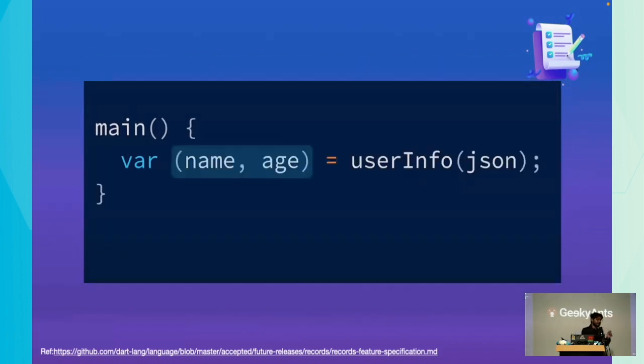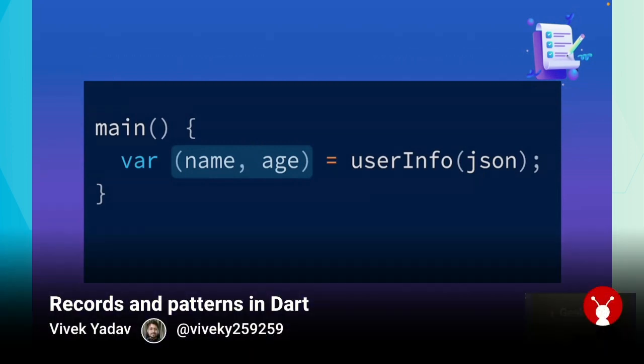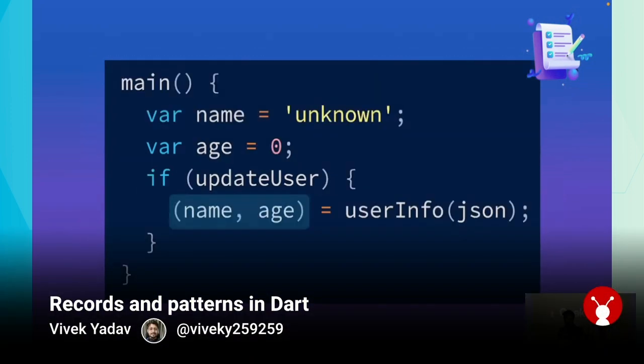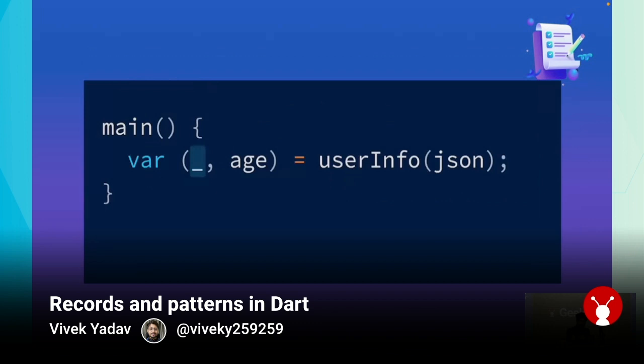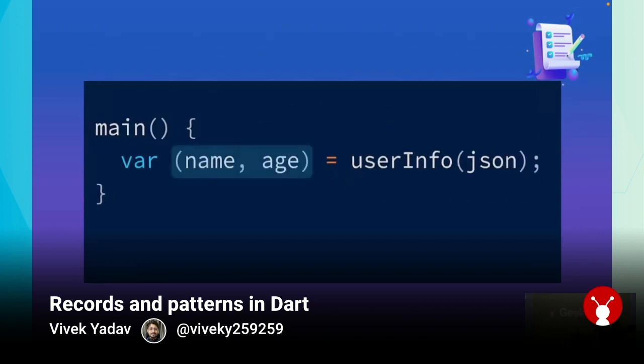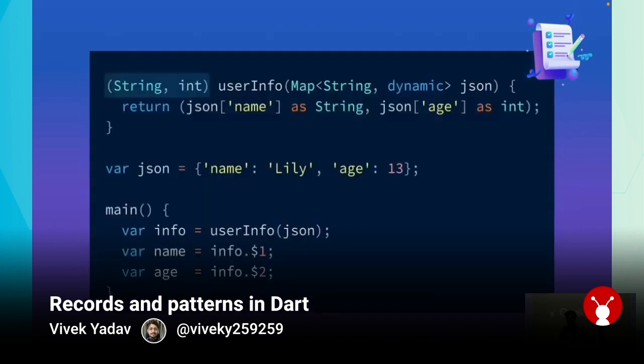But with the patterns, okay? Till now we were talking about records. Now we are talking about patterns. So this is a pattern in which your variable is initialized, okay? And what we can do now, we can do this. Whatever data that you will pass from user info, take an example of this.